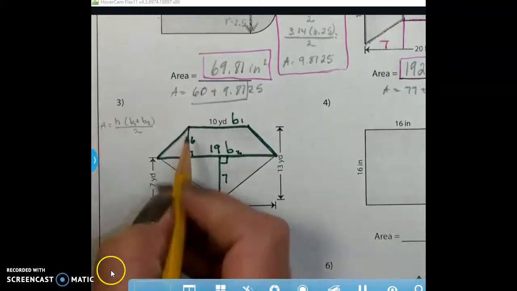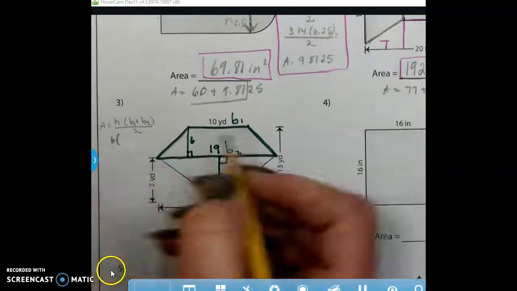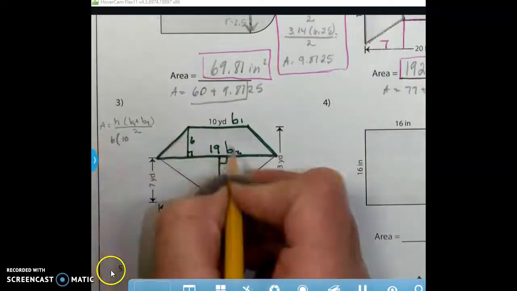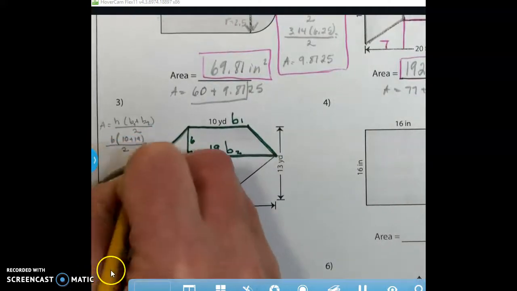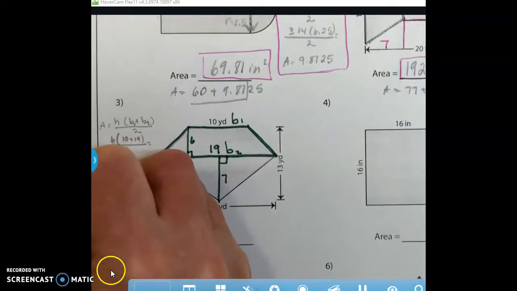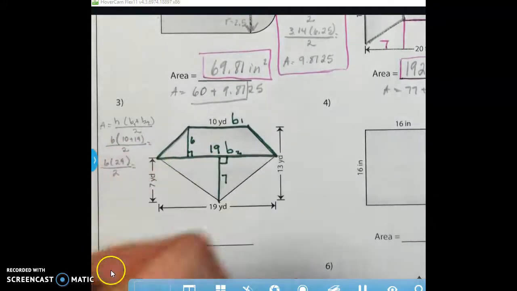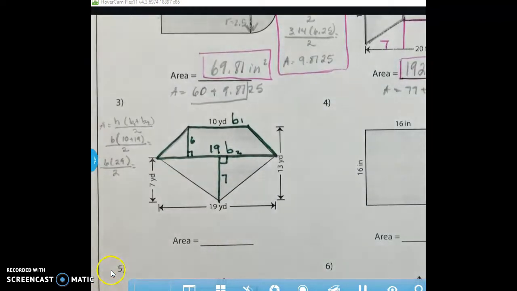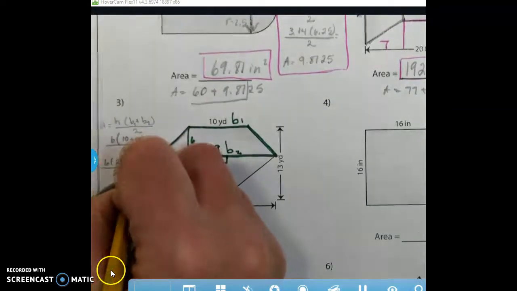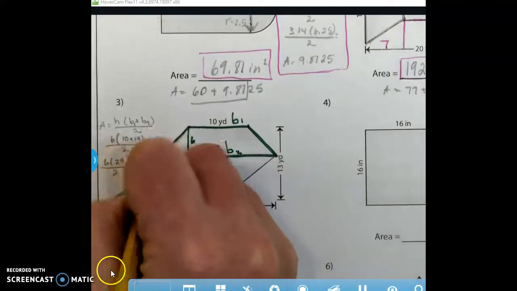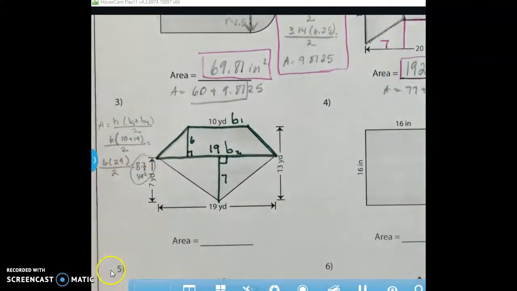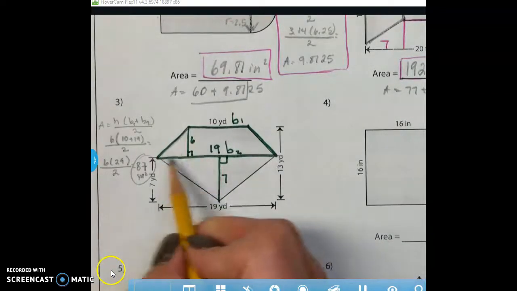So height is 6, 10 plus 19 divided by 2. 6 times 29 divided by 2 will give us 87 square yards. Okay, so that was our trapezoid.